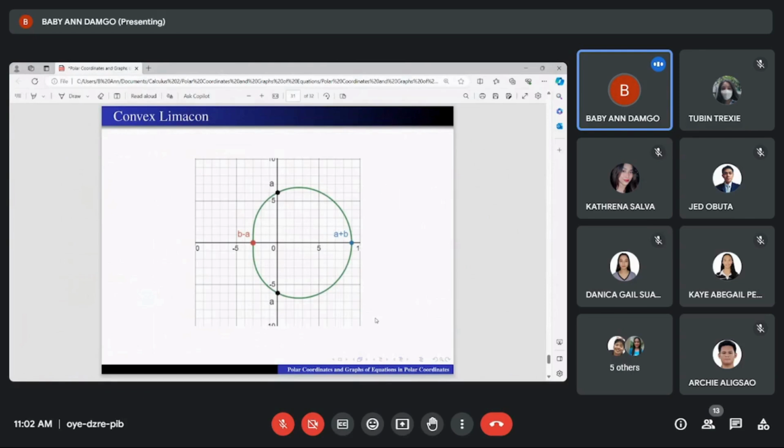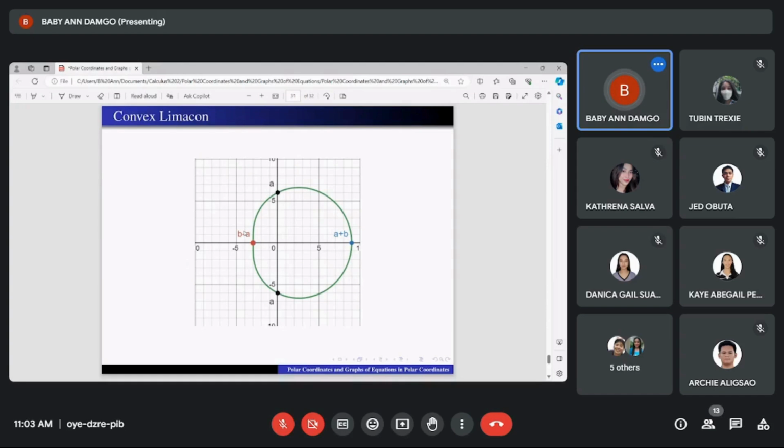Okay, so here, mura siya circle, pero di siya circle. So mura siya diri, class, kay straight. Okay, so we have B minus A. And then here it's A plus B. And then here we have A. So unsa ganito ang sa convex limason?